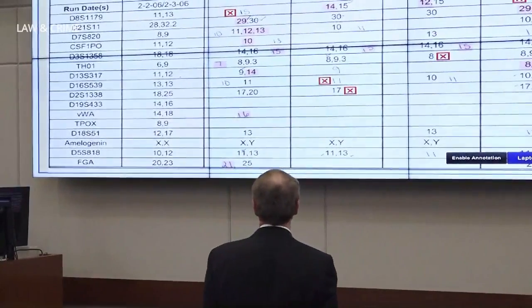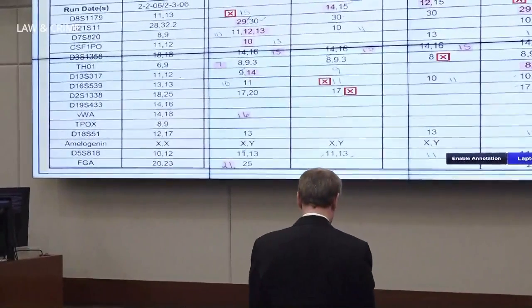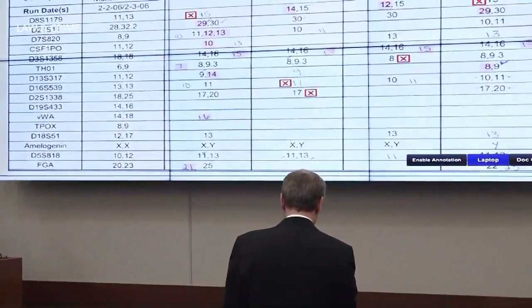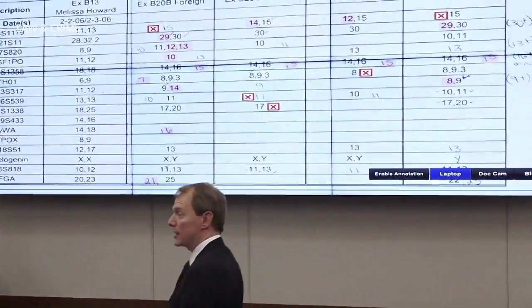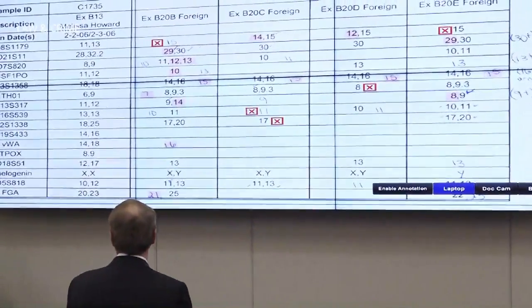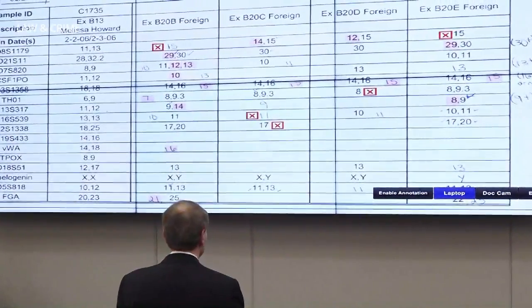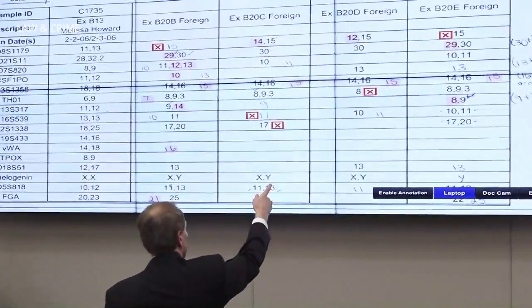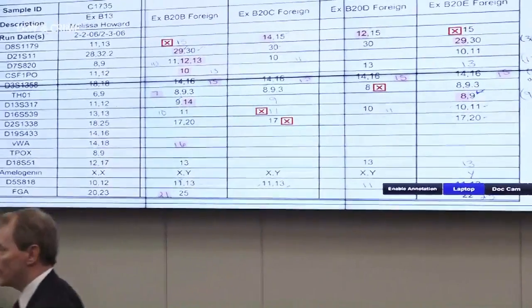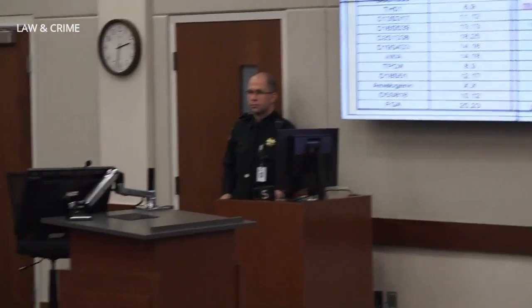Right below that, at THO1, you're missing a 9.3, is that correct? Right, that did not come up. And similar, we've already talked about B20E in the previous slide.